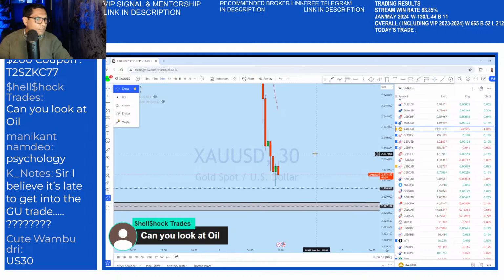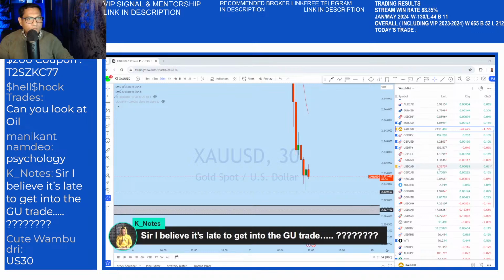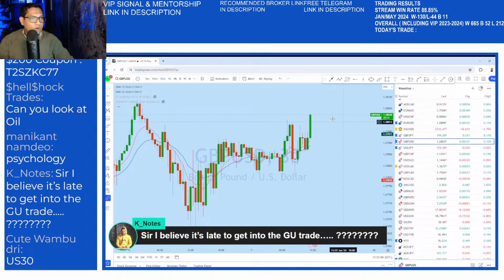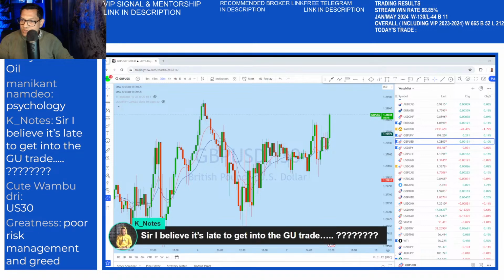Psychology. Anyone else different? So I believe it's late to get into the GU trade. Yeah, it's gone already. We have seen a couple of pips up. US30. So one member says psychology, poor risk management, and greed.